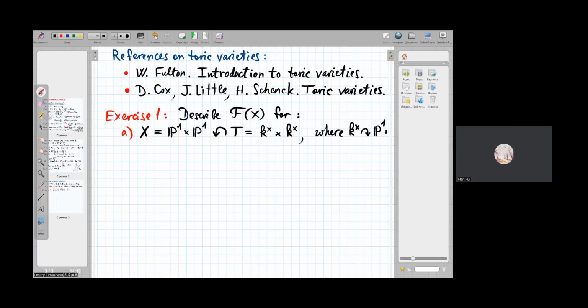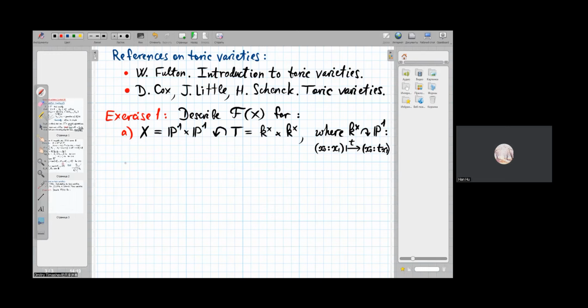So a point with projective coordinates x0, x1 is taken to a point with coordinates x0, t x1 under the action of some t in K cross. Okay, so this is the first example. Compute the colored fan. The first exercise, compute the colored fan for this 2-dimensional toric variety.